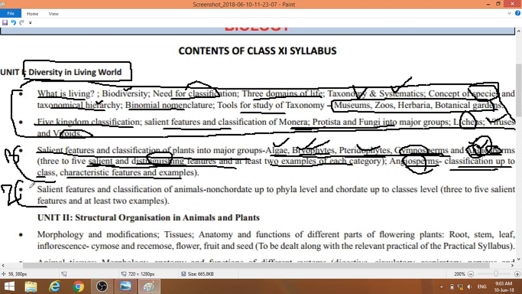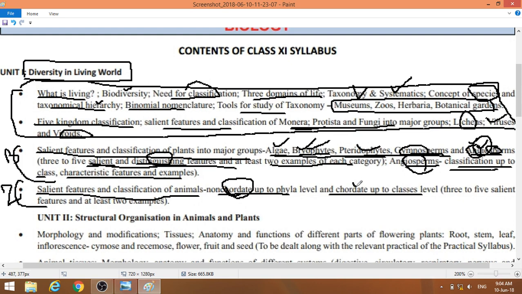Coming to the next section from zoology, the salient features and classification of animals. Non-chordata up to phyla, chordata up to class level. Non-chordata are generally called invertebrata. You have to study phyla like Porifera, Coelenterata, Platyhelminthes, Aschelminthes, Annelida, Arthropoda, Echinodermata, Mollusca.